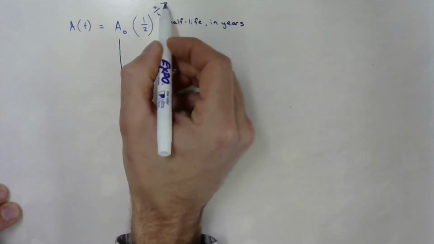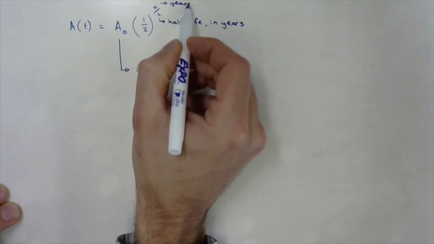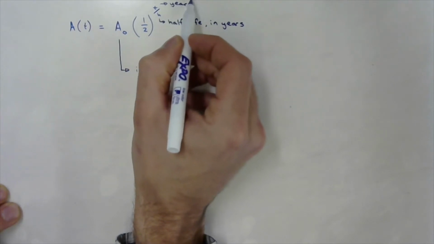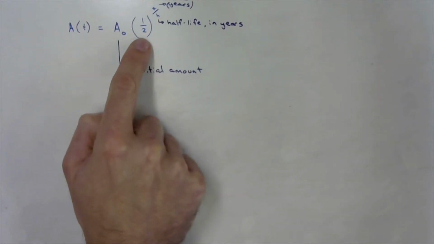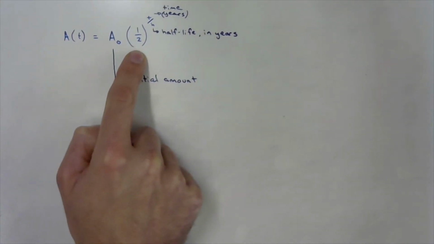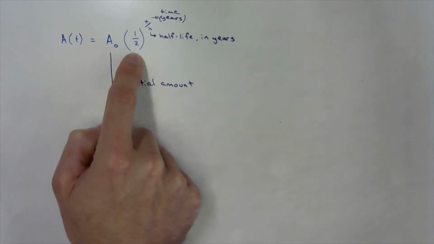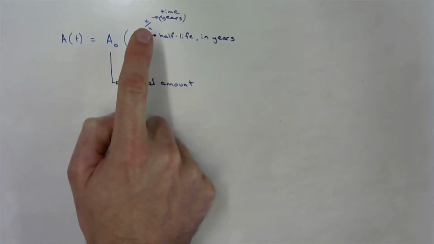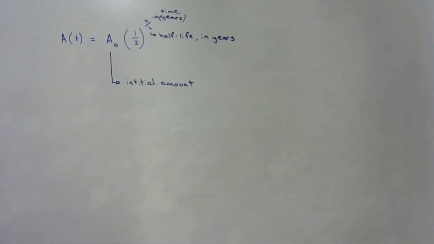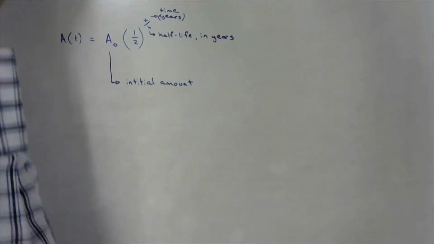T is time in years. And of course, we're multiplying by 1/2 each time to indicate that it is half-life. The amount gets cut in half every time we experience a full half-life period. But this form of it with the T over H in the exponent allows us to use this for partial half-life periods as well, which is helpful in this case because we're going from 100 milligrams to 80 milligrams, not down all the way to 50 milligrams.